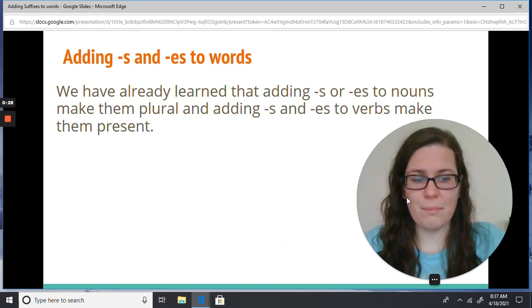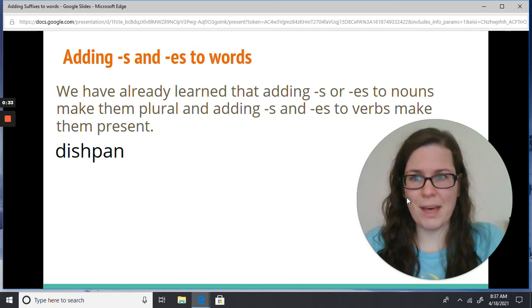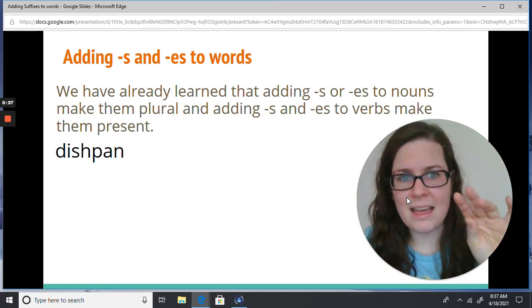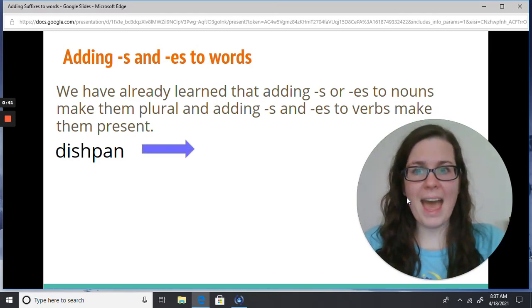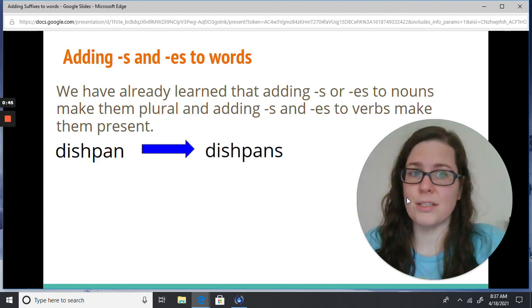Here are some examples. We have a two-syllable word that's a compound word. Dish pan. When we add an S, we have dishpans.